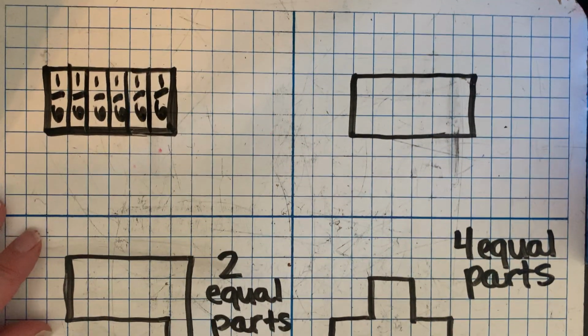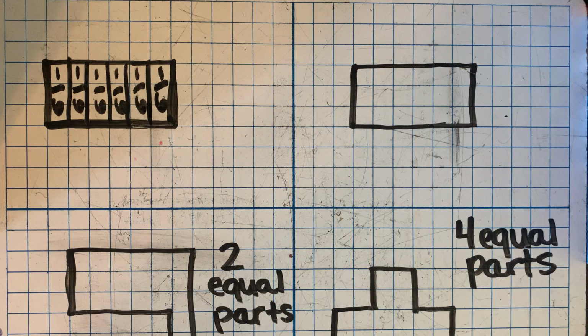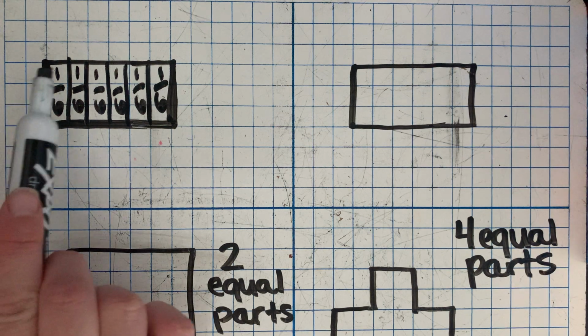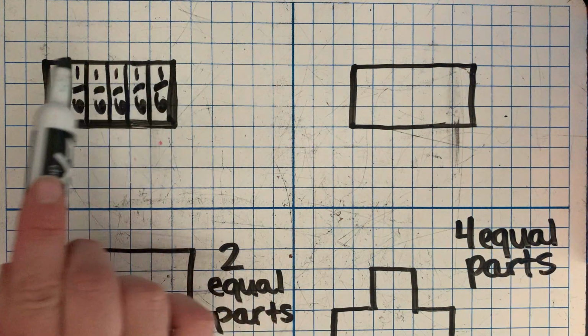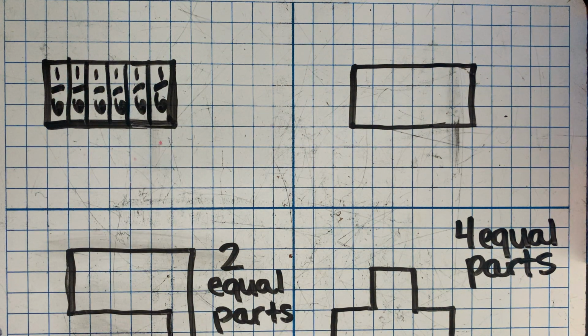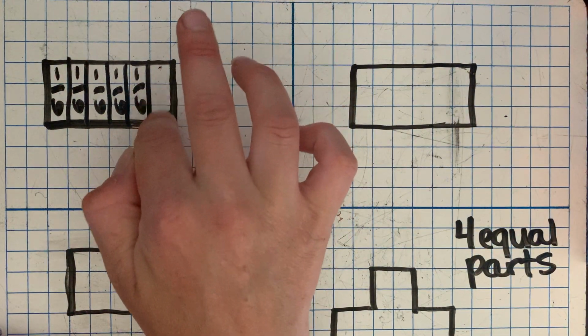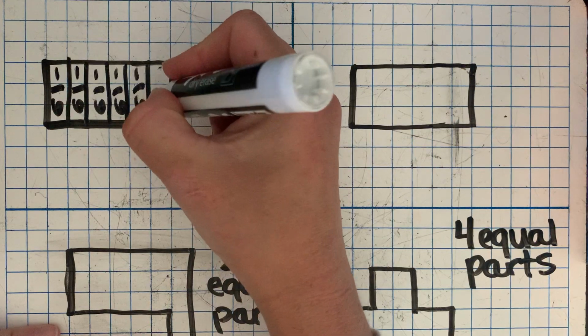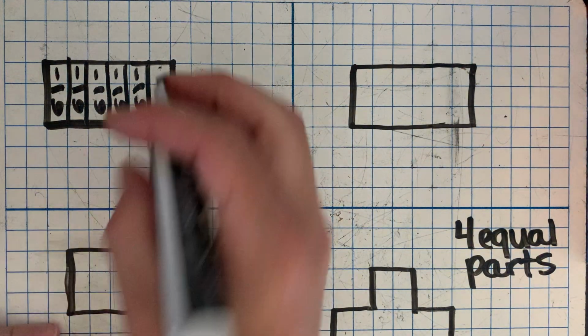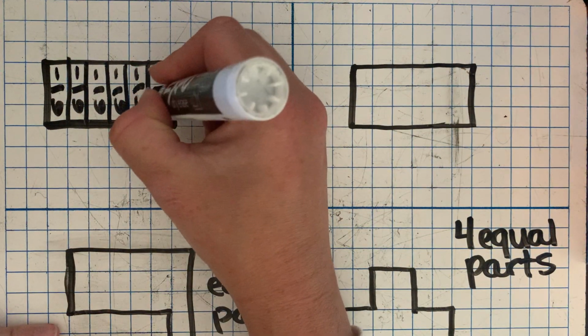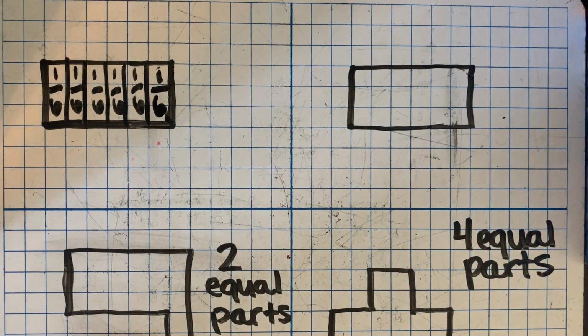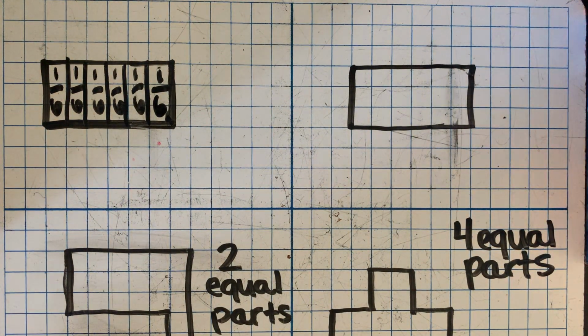Now this is a little tricky because the reason I'm giving it the unit fraction of 1/6 is because it takes 6 of these pieces to cover the whole rectangle. However, each one of these 6 is made up of 3 boxes, but it doesn't make it a third. It's still one of 6 pieces. The pieces just happen to be 3 boxes big.